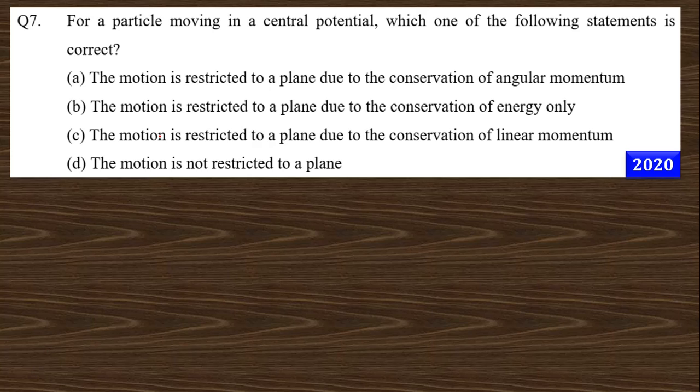The first question says that for a particle moving in a central potential, which one of the following statements is correct? For a central potential, we know the angular momentum L is conserved.